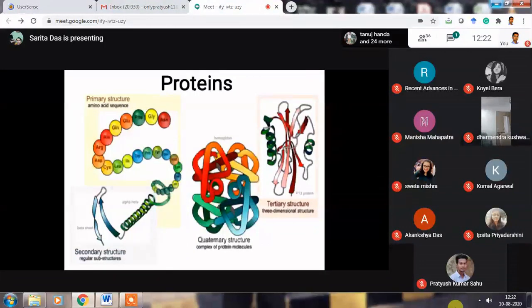Such diverse function of a protein comes from its structural organization.